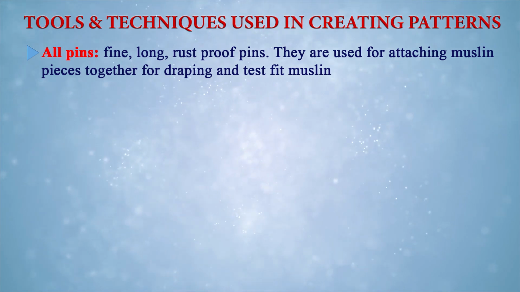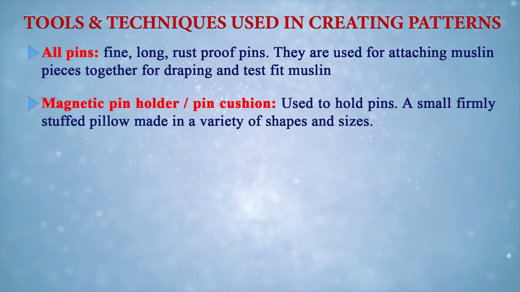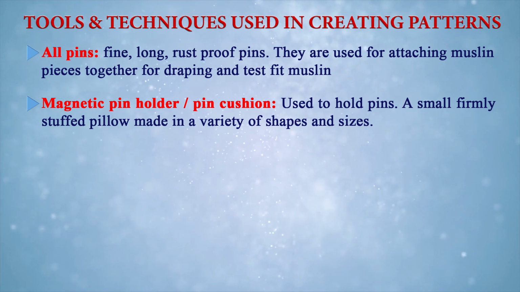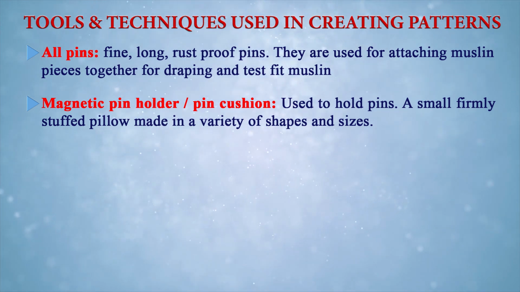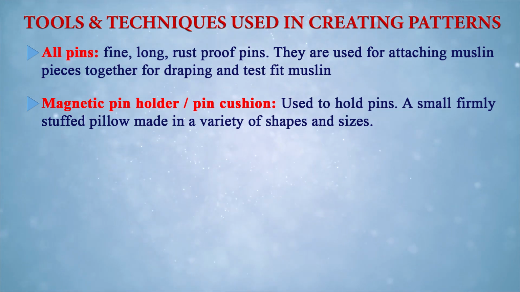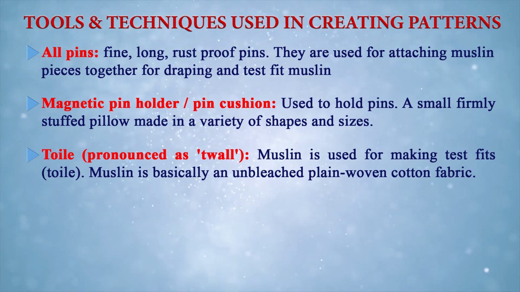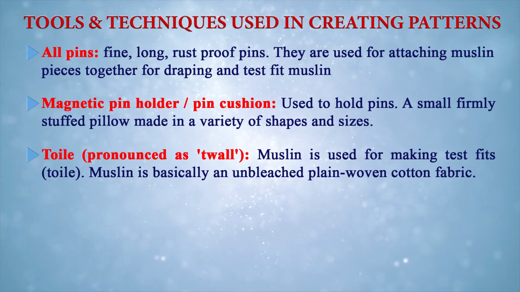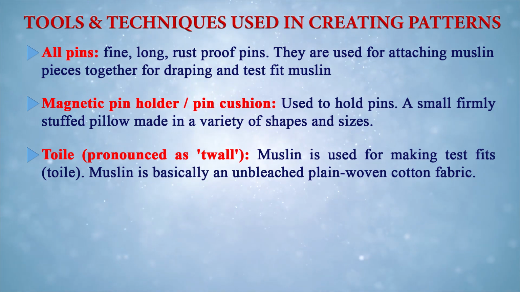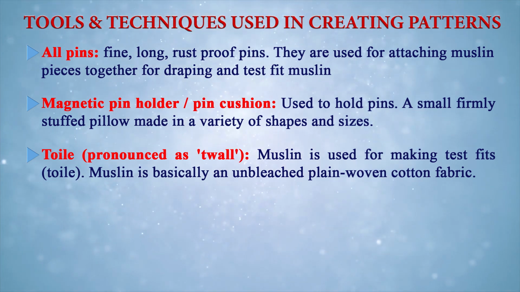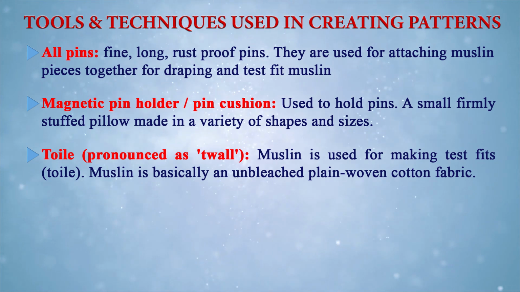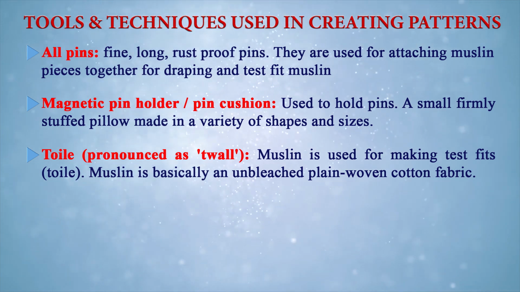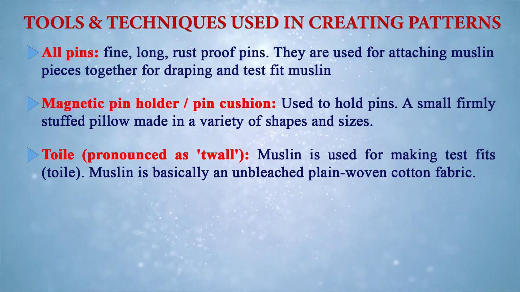Then we have the awl pins, magnetic pin holders, and pin cushions we use. Then there is one term we use, toile. Toile is the type of fabric we use for draping or creating a pattern. It is a type of muslin fabric which is used for marking and making test fitting garments.